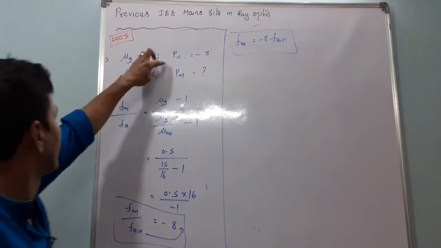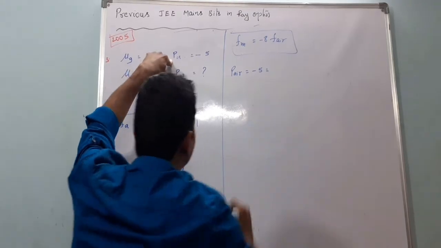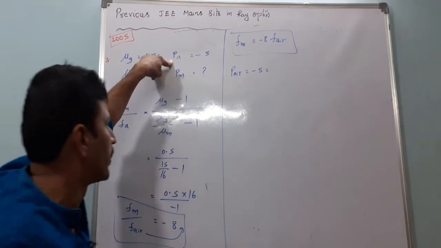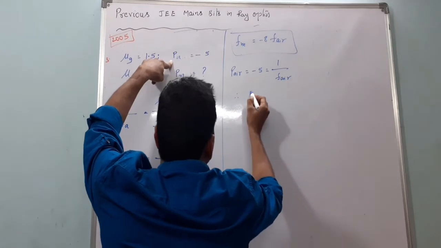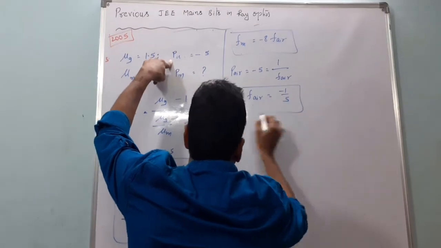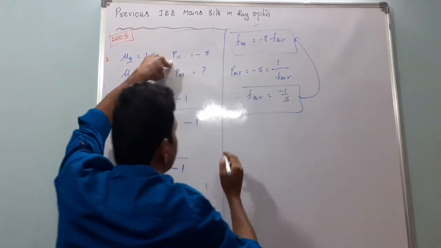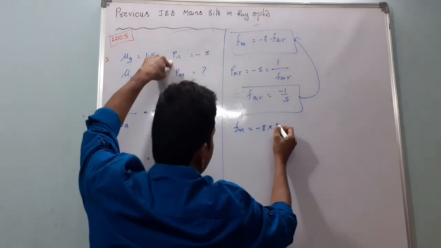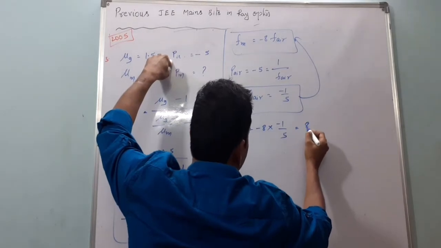Given the power of air is equals to minus 5. What is power? The reciprocal of focal length is called power. So 1 by f in air. Therefore, focal length of air is equals to minus 1 by 5. Substituting this value in here, the focal length of medium is equals to minus 8 times of focal length of air means minus 1 by 5, which is equals to 8 by 5.